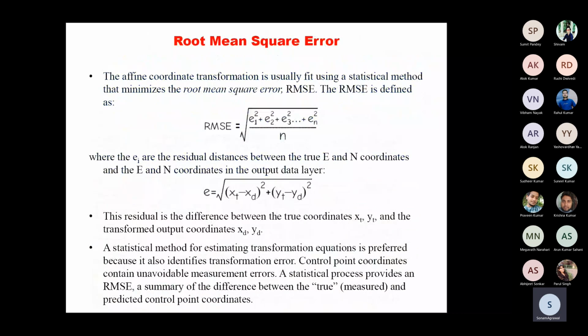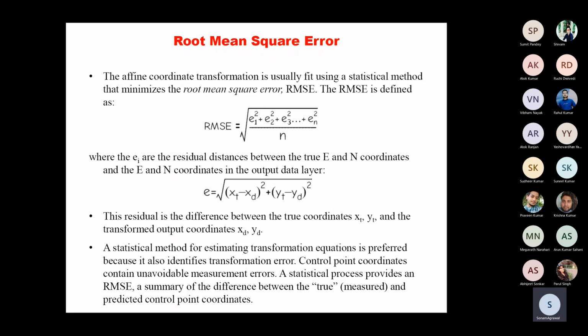Whenever you mark a point, two types of error will be computed. One is individually for each GCP, which is known as the residual error. Residual error is basically the distance between the marked point and the computed point. Ideally, the residual error must be zero, but it is not possible to have zero residual error, so we try to reduce the error as far as possible.